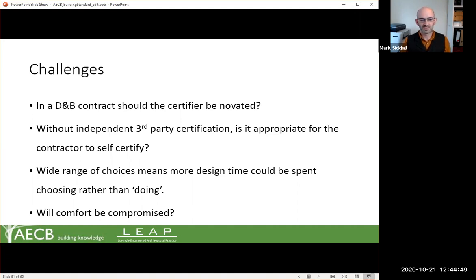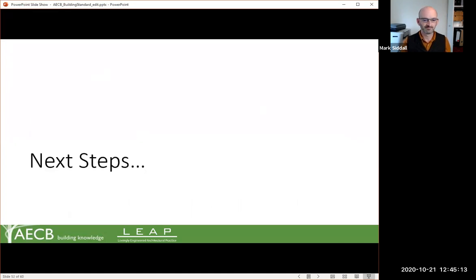One of the questions which can arise sometimes is, will comfort be compromised by adopting the AECB Building Standard? As I've tried to address earlier on, the answer is no, it shouldn't be compromised, because you're specifying the windows appropriately to avoid cold downdrafts, or putting radiators in the right place, or doing some of the design methodology that will achieve the standards of comfort that are required.